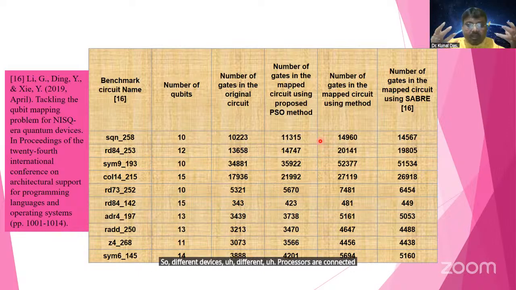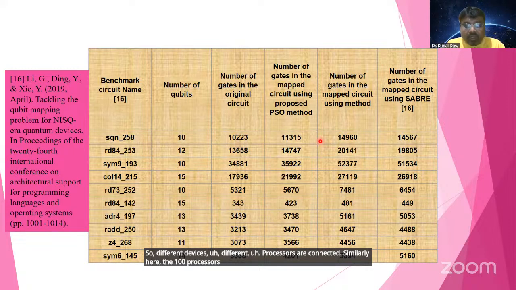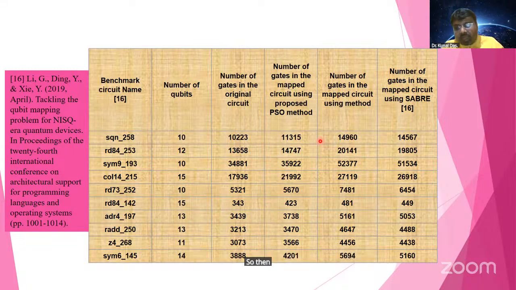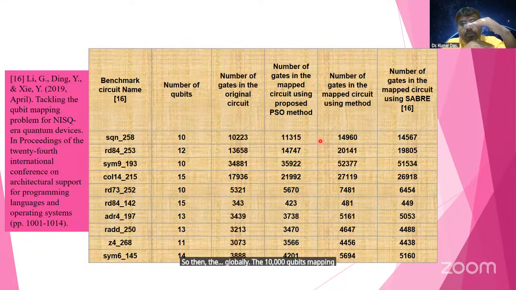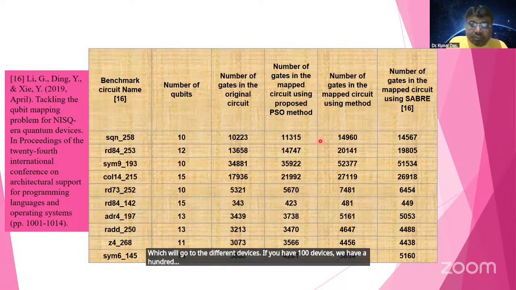Similarly, here the 100 processors are connected with the internet. Then globally the 10,000 qubit mapping will be addressed by your transpiler, and the transpiler gives you the physical mapping which will go to the different devices. If you have 100 devices with 100 qubits in each device, it becomes a 10,000 qubit device.